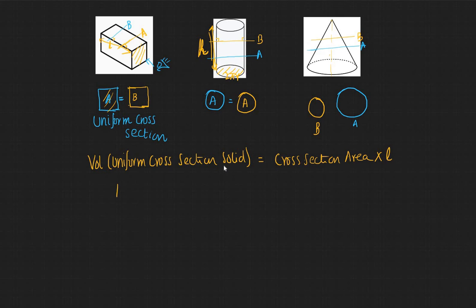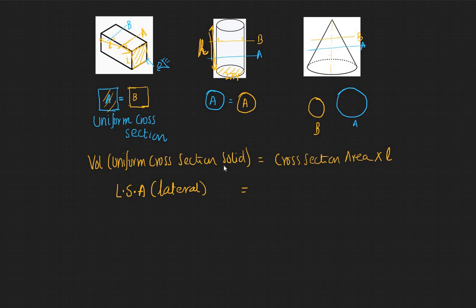Now the lateral surface area will be equal to the perimeter, which is this plus this plus this plus this.